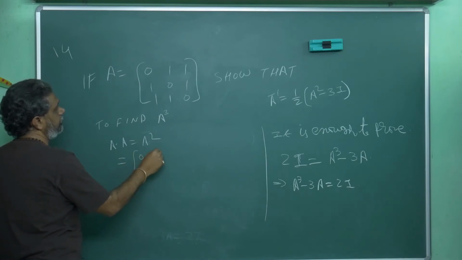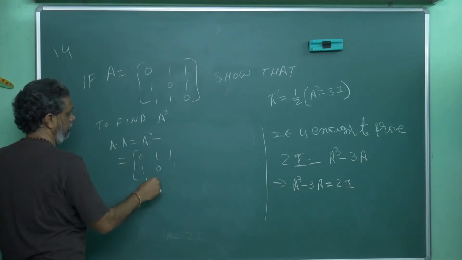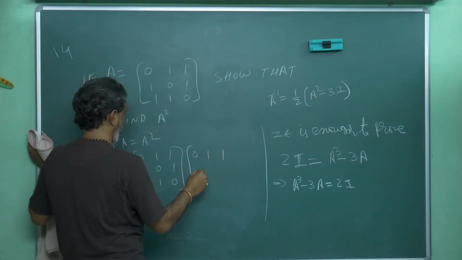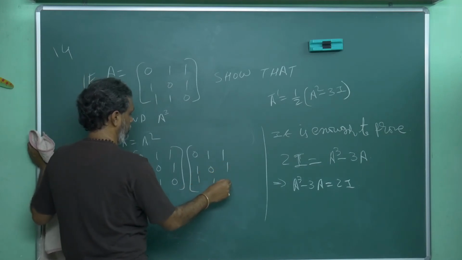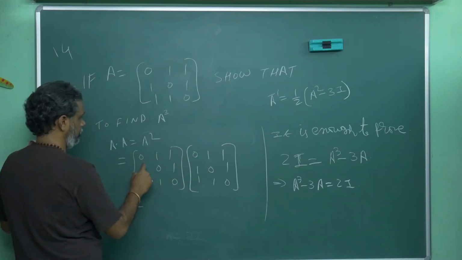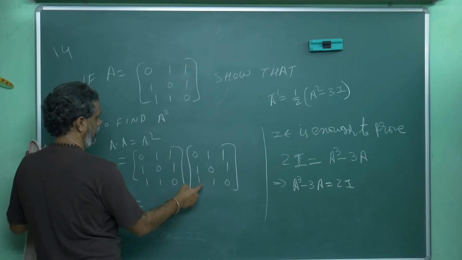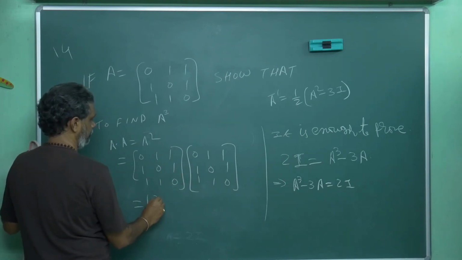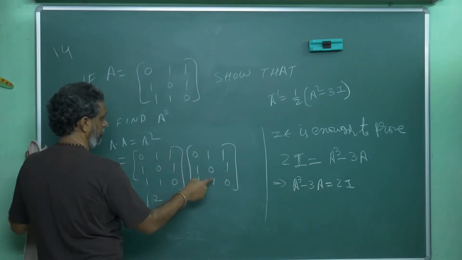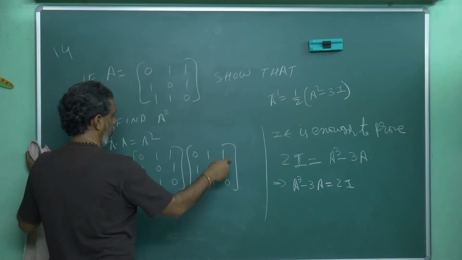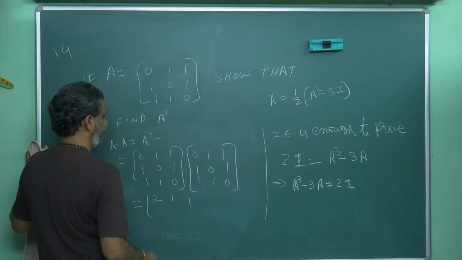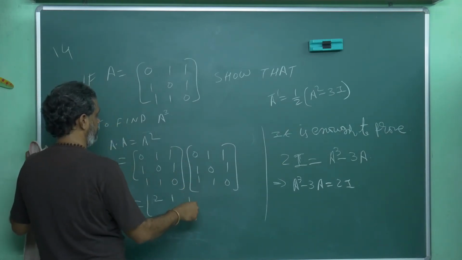This is equal to the matrix 0 1 1, 1 0 1, 1 1 0, multiplied again by the same matrix 0 1 1, 1 0 1, 1 1 0. First row first column: 0 into 0 is zero, 1 into 1 plus 1 into 1, that is 2. First row second column: 0, 0, 1 into 1, so 1. First row third column: 0, 1 into 1, 0, so 1. Second row first column: 1.